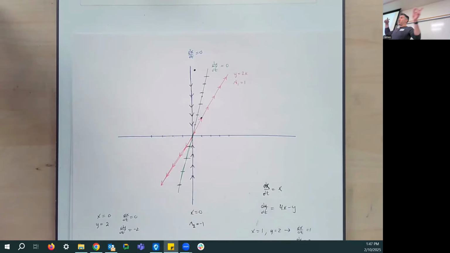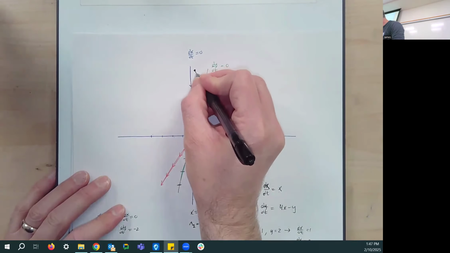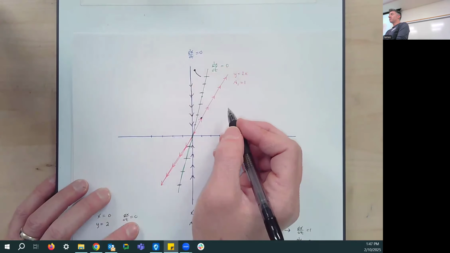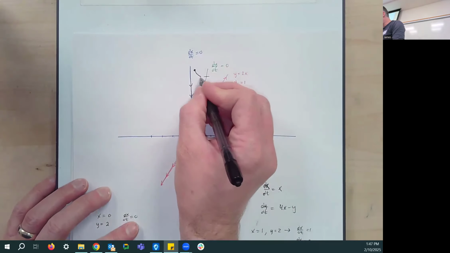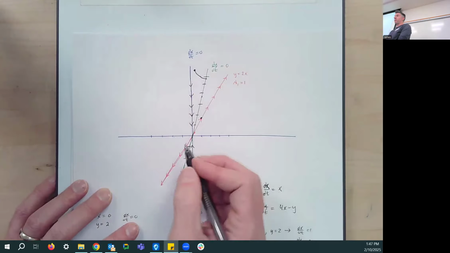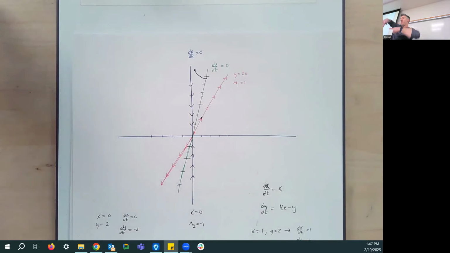So I'm pushing right in the positive x direction and down in the negative y direction. So I'm going to come down this way, but then I'm going to have to cross this null line purely horizontally. And then I'm going to stop going downwards and change directions and start going upwards.